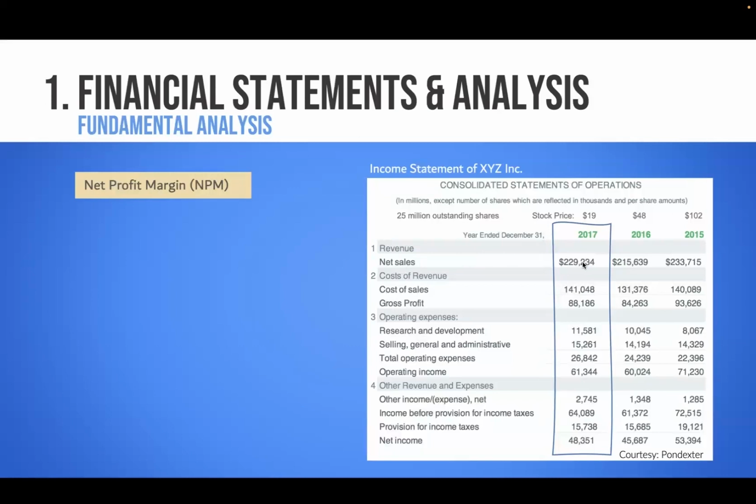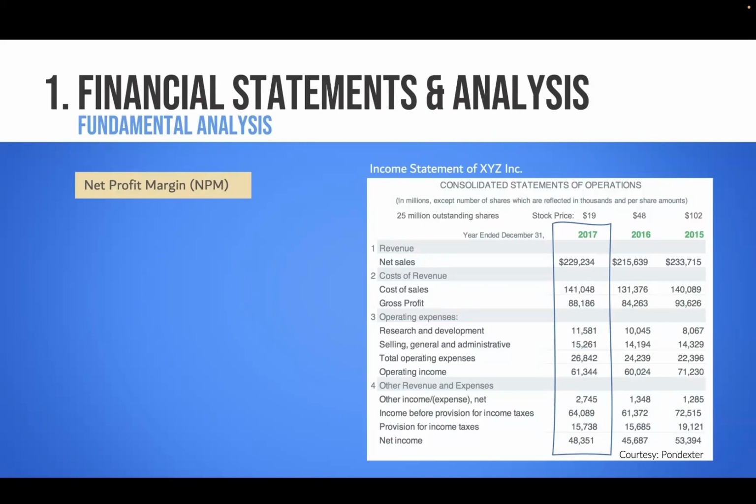So top line is 229. And then the bottom line, the word bottom line came from the income statement. Bottom line is 48,359. In earnings calls they usually say, oh, the top line and bottom line are good, or top is good and bottom is not good, or vice versa, right?